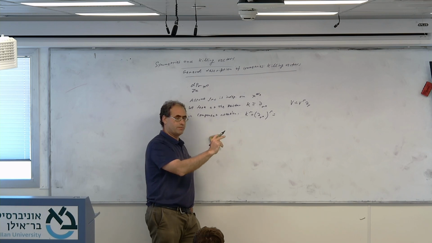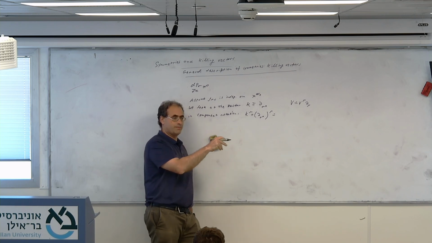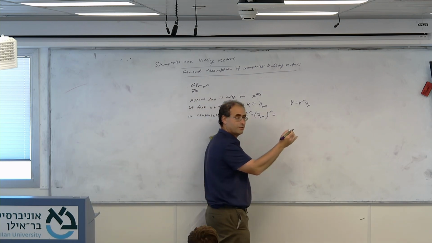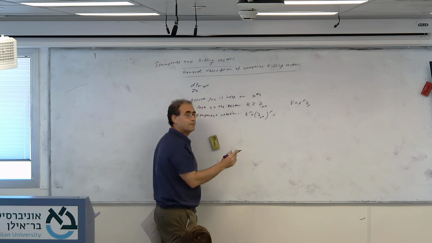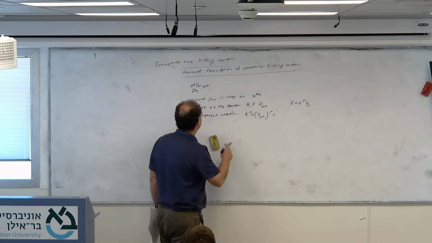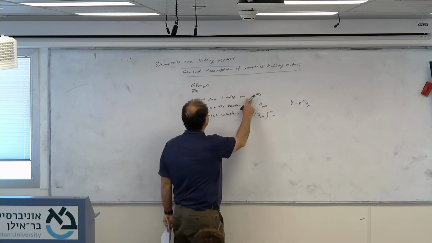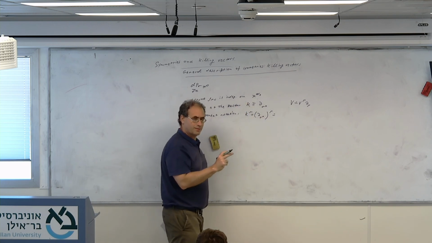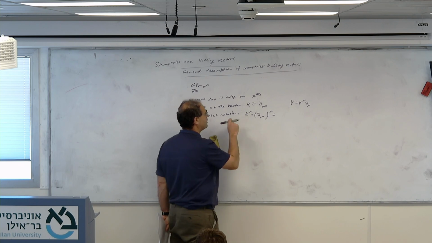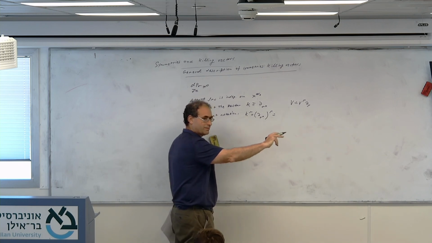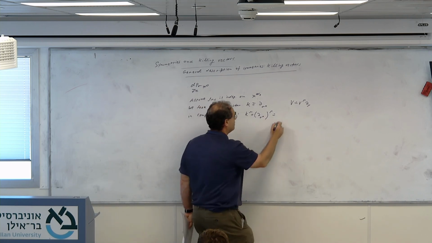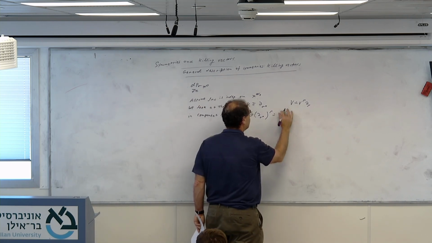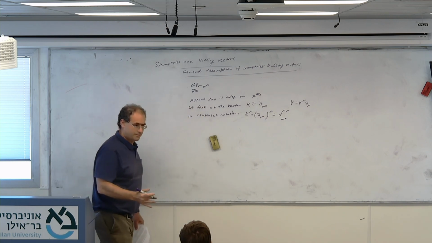If I look at components, if mu is along sigma star, it should be 1. So overall we get delta mu sigma star. I chose one coordinate, x sigma star, and I'm now looking at a vector K which is along this direction of sigma star. So the components of this vector have to be delta mu sigma star.